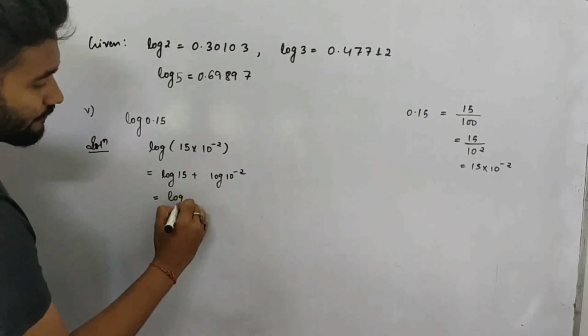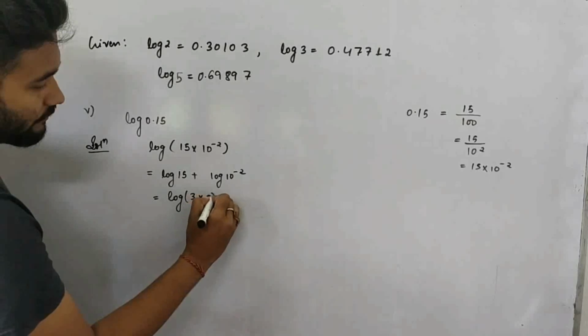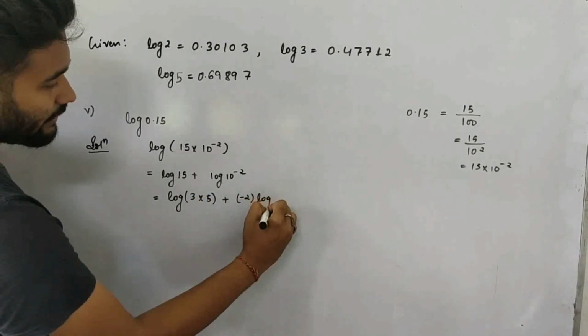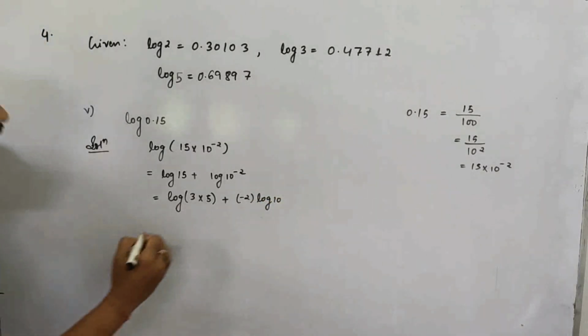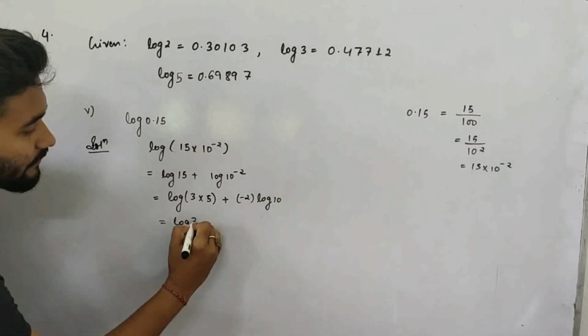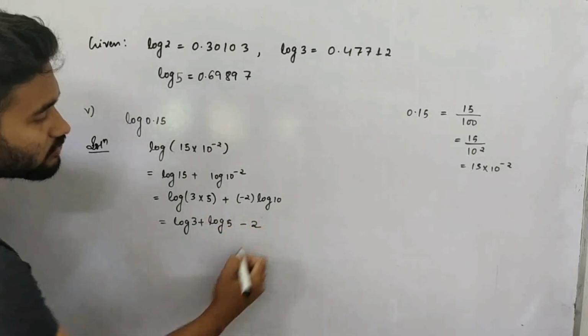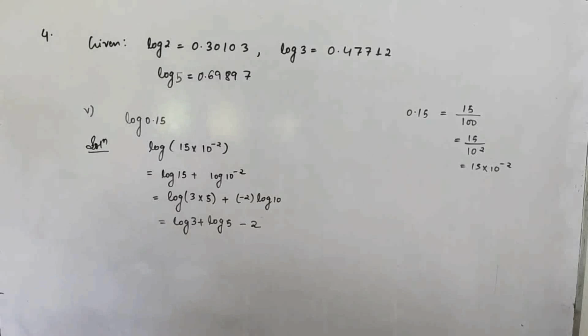This is log of 3 into 5, that is 15, plus minus 2 log 10. This is log 3 plus log 5, then minus 2. Log 10 is 1.